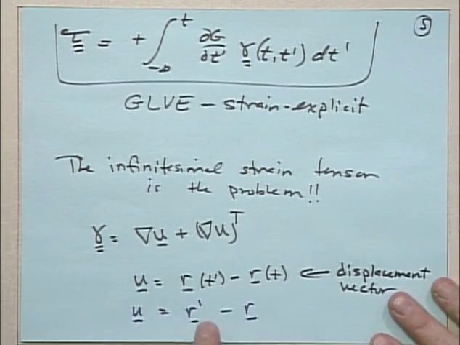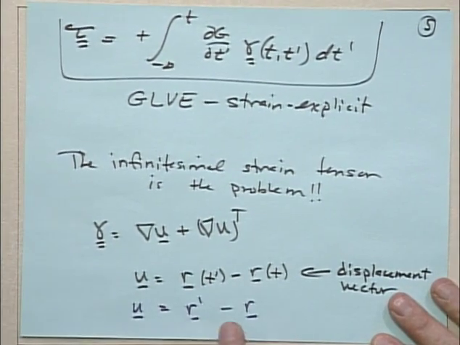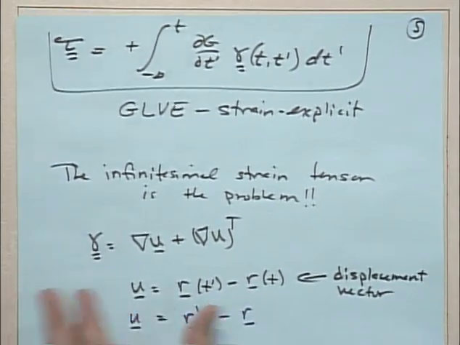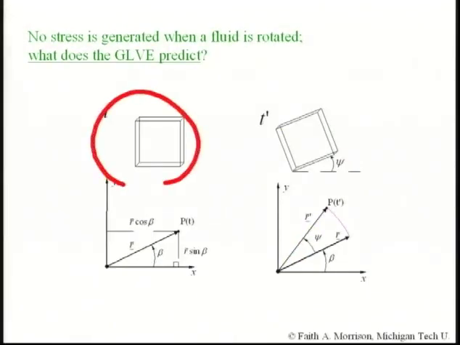So I want to do a little bit of exercise with this math so that you can see what it is and so that you can see why this is a bad idea for how to take into account our deformation. Okay, so let's consider this case of just a simple rotation, and let's calculate gamma.